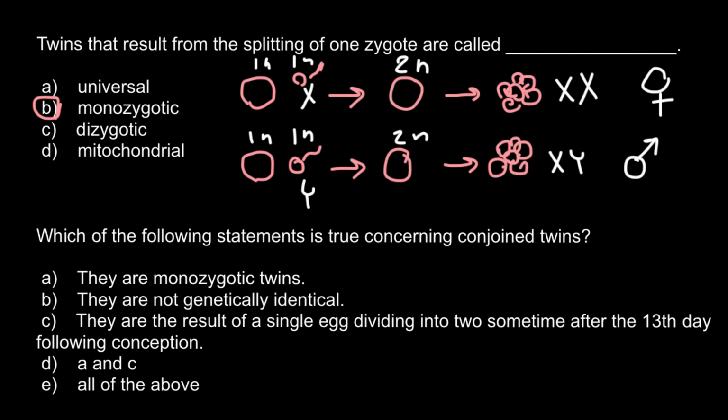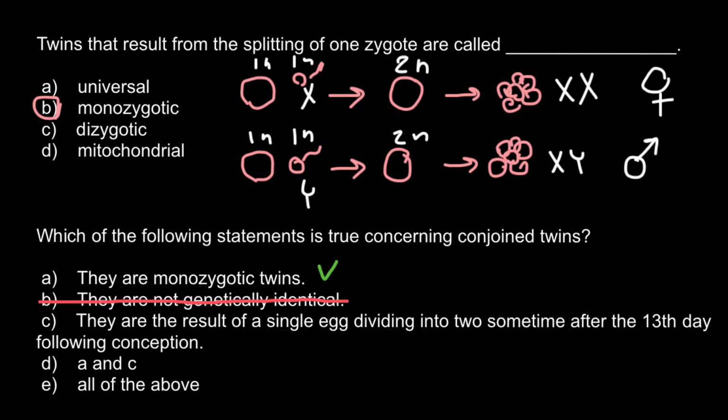So of course these conjoined twins have to be monozygotic twins. So this is a correct answer. Answer B, they are not genetically identical, and this is not a correct answer, because they have to be genetically identical. You cannot find conjoined twins who wouldn't be genetically identical, or would be of 2 different sexes. All of them are of the same sex.